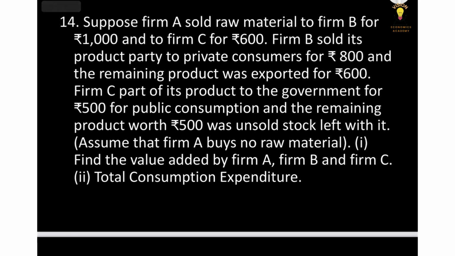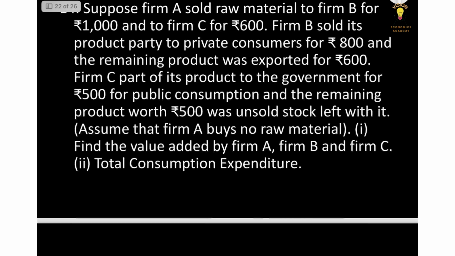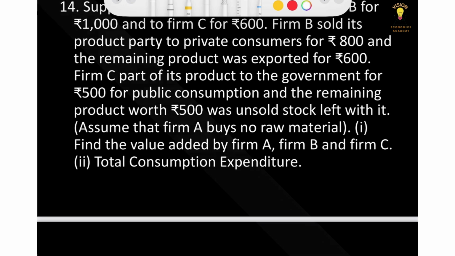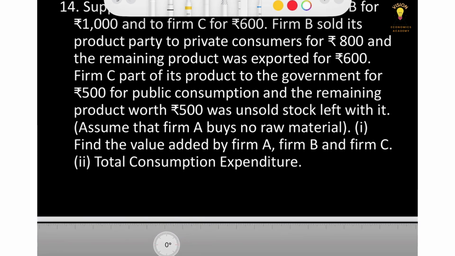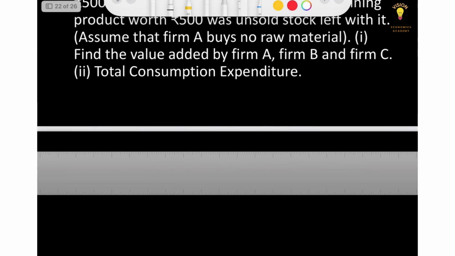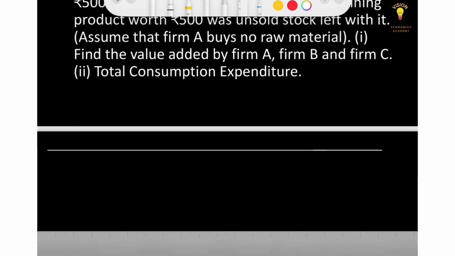Now this is question number 14, and what they have asked us to find here is, suppose firm A sold raw materials to firm B. Again, I'll make a table over here. Last time my table became a little crooked, so I'm using the scale over here.